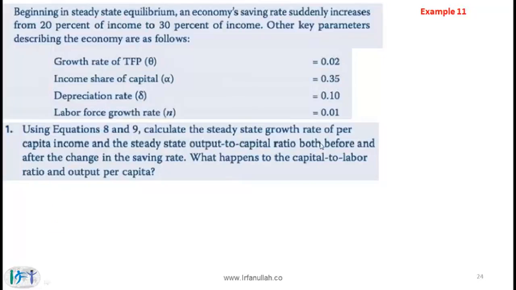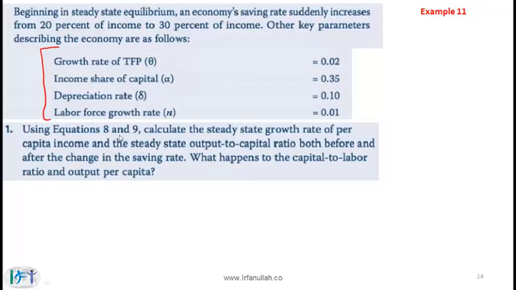Next, let's take a look at example 11. Beginning in steady state equilibrium, an economy's saving rate suddenly increases from 20% of income to 30% of income, and other key parameters describing the economy are given over here.